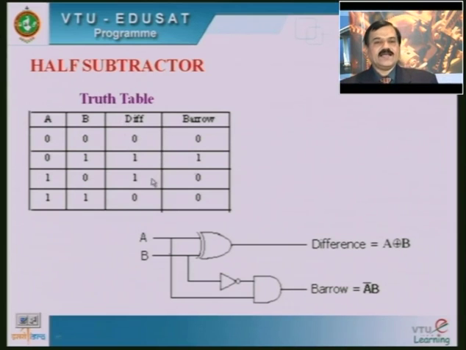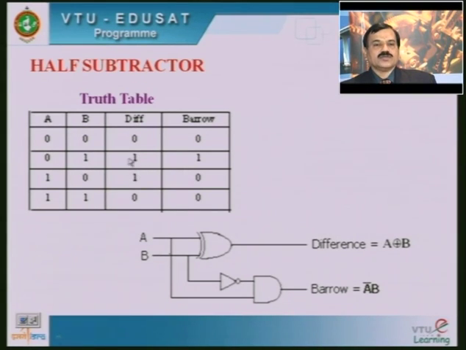Once again, just see here the borrow: A bar B is nothing but the borrow value, indicated by the 1 here. Using the sum of products concept, A bar B plus A B bar is nothing but the difference value, because in the difference we see 1 in only two positions in the table.